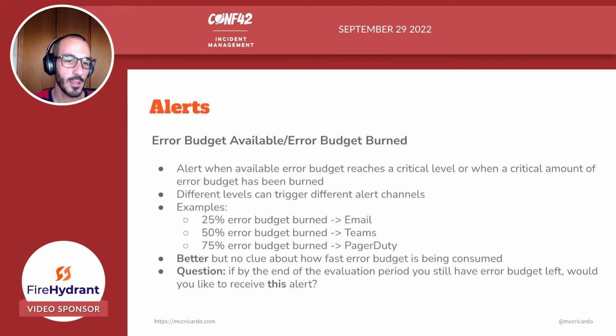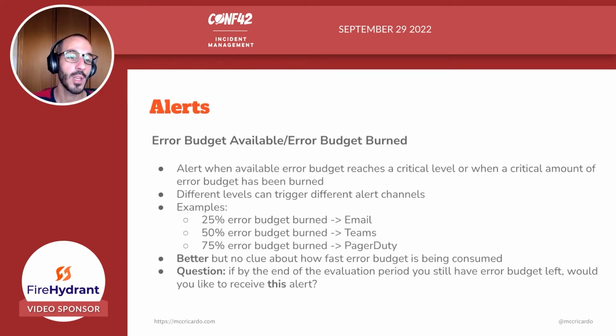This is better than the alternative because we are being alerted before we get into trouble and we need to do something, but we have no idea how fast this error budget is being consumed. So it begs the question: if my SLO is well defined, and if I could know if by the end of the evaluation period we would still have some error budget left, would you like to receive this alert?